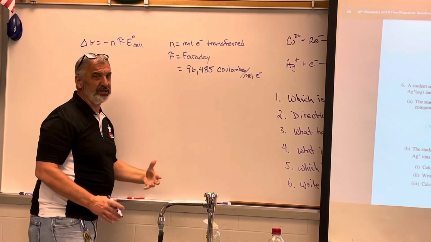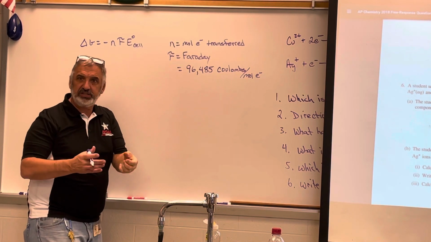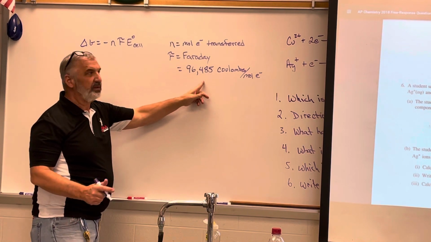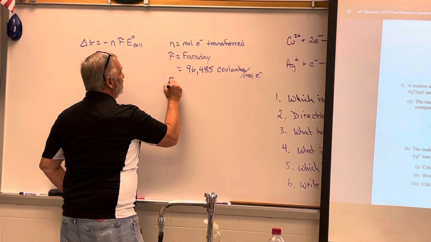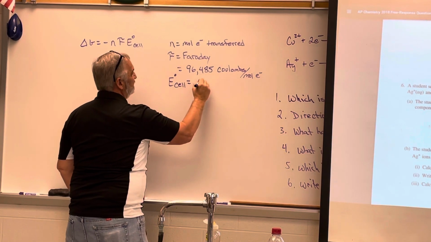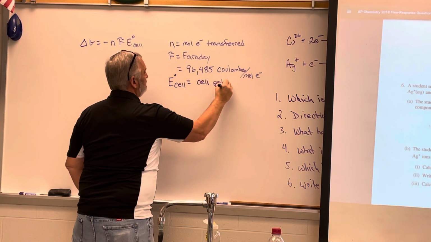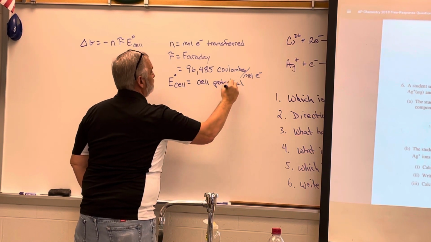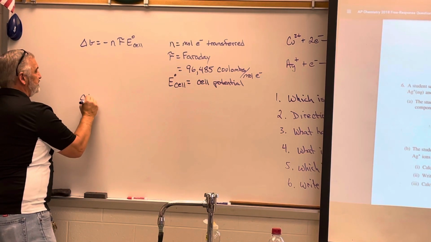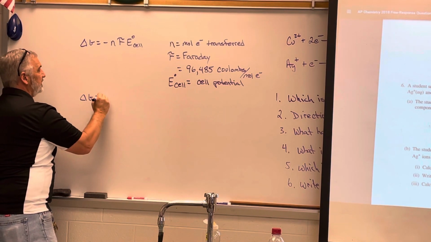It's a constant because the charge on an electron doesn't change. The mole is always the same number, so this number is always constant. And then E cell, we know what that is, equal to cell potential. So we just calculated delta G is equal to negative.